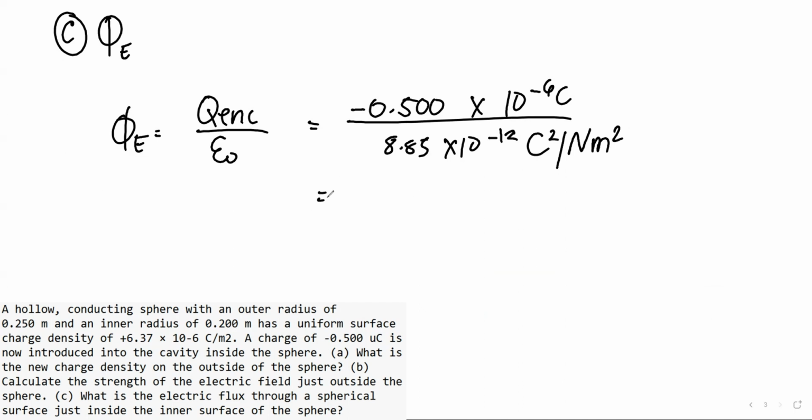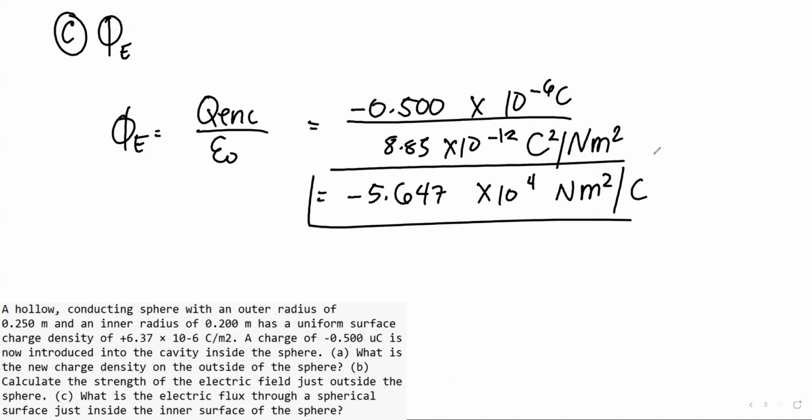Okay, that'll give us negative 5.647 times 10 raised to 4. Now, the electric flux inside the surface where we introduced your Q equal to negative 0.5 microcoulomb is calculated as negative 5.647 times 10 raised to 4 newton meters squared per coulomb.